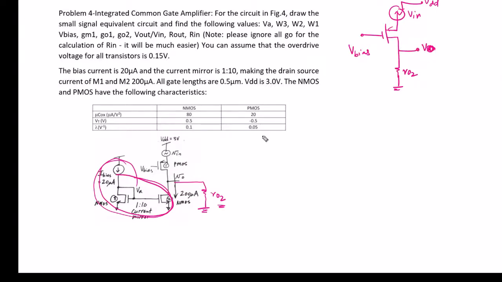to draw the small signal model, we need to short circuit our DC voltages. So this Vbias is a DC voltage source, so we can short circuit it to ground. VDD is also a DC voltage source, we have to short circuit it to ground. So our equivalent circuit will be having only this AC input voltage source. So if we draw the small signal model, we can draw it like this.